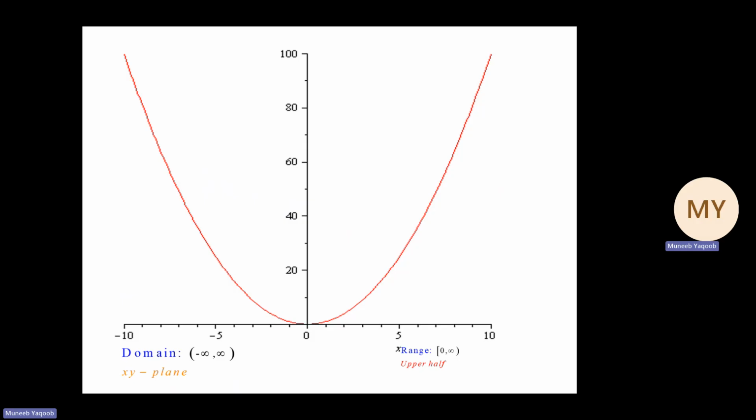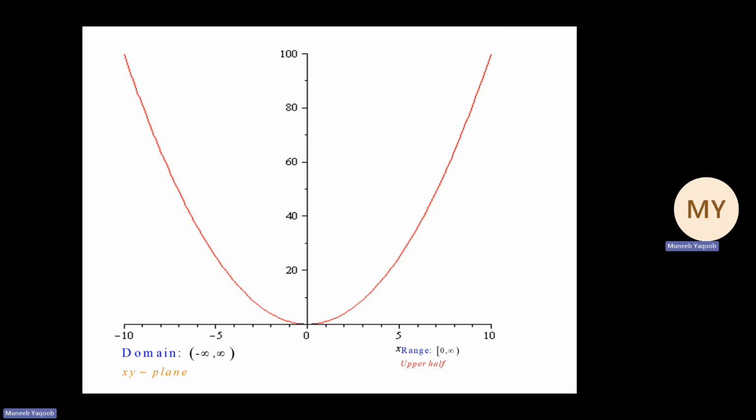Now, what about the range of this function? You can see that the heights of this function start from y equals 0 till y equals infinity, because there is no restriction on the height as well. But the lowest height is fixed. The lowest height is 0, but the highest height is not defined.